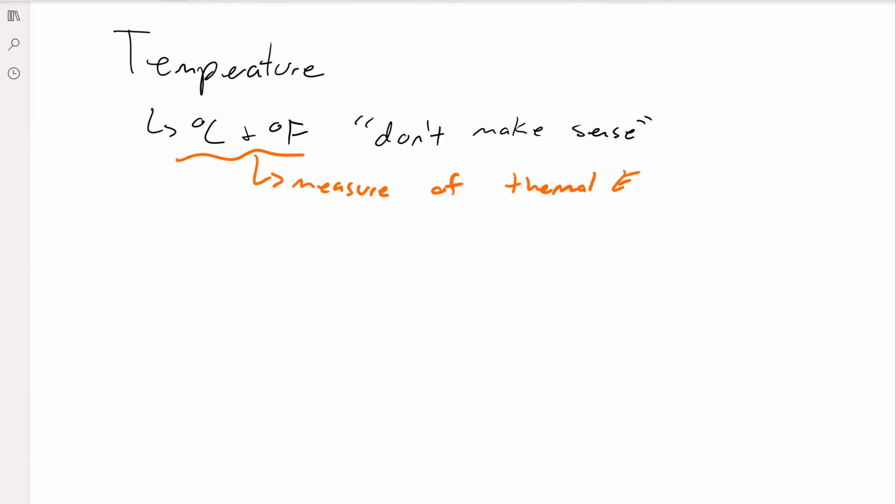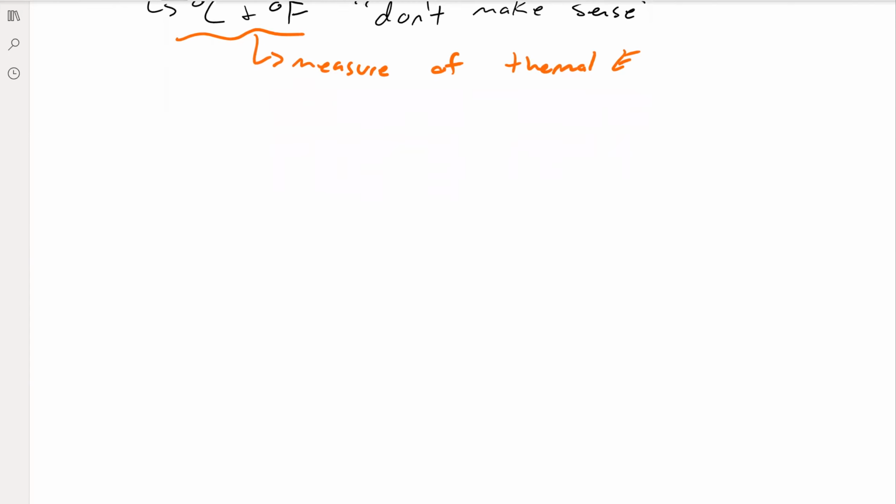Right, so they're measuring how much thermal energy our substances have. Let's think about some other measurements. For example, maybe mass, but it works with other stuff, length, volume, anything like that. If you have 0 grams of something, zero grams of stuff, you have nothing.